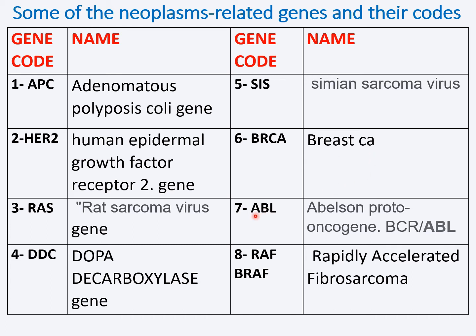Also we have ABL, which is related to Abelson proto-oncogene, or BCR-ABL. BCR stands for breakpoint cluster region. We'll go over it later in hematology. Also we have other very important genes like the RAF gene or BRAF, which is related to rapidly accelerated fibrosarcoma. These are some of the names or codes for the genes that we will go over in our lecture or later on.